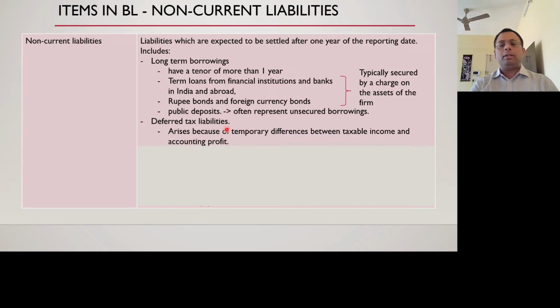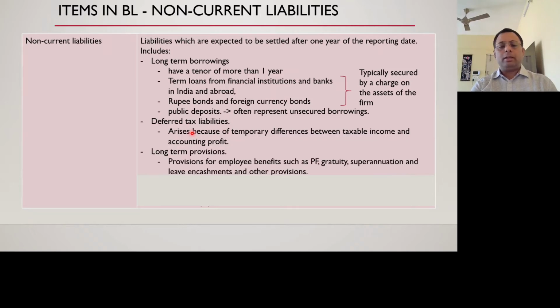So because of the tax differences that we have between the taxable income and the accounting profit, there are some tax temporary differences which are being created over a period of time, that are termed as deferred tax liabilities. Then long-term provisions are something like provident fund, gratuity, superannuation.